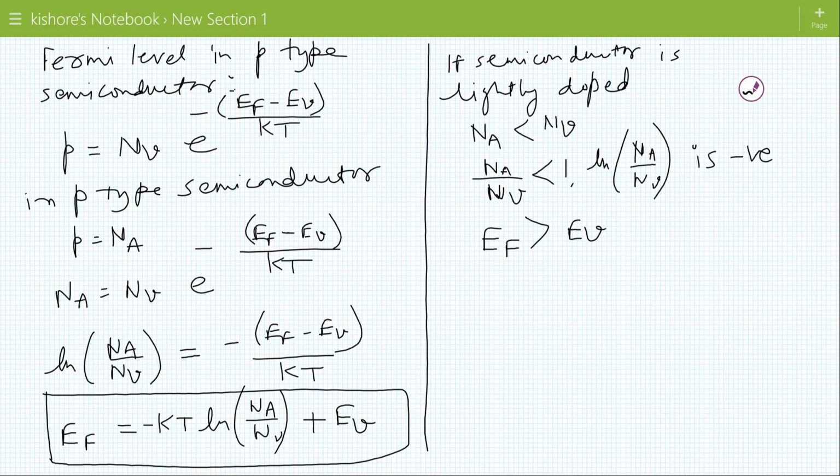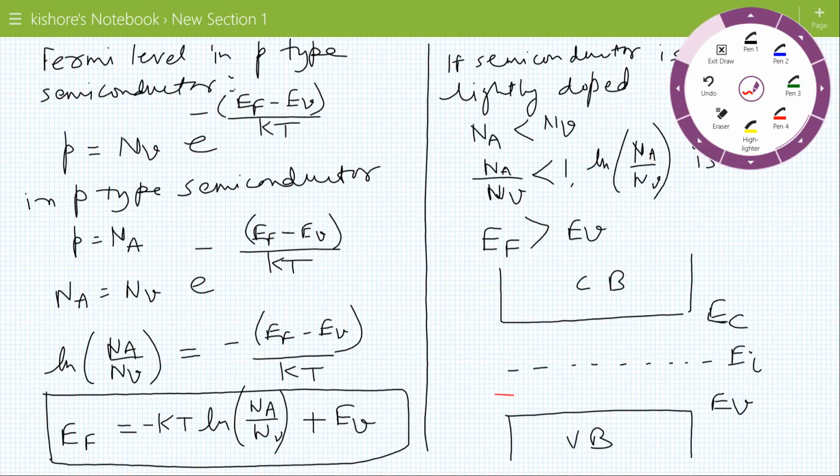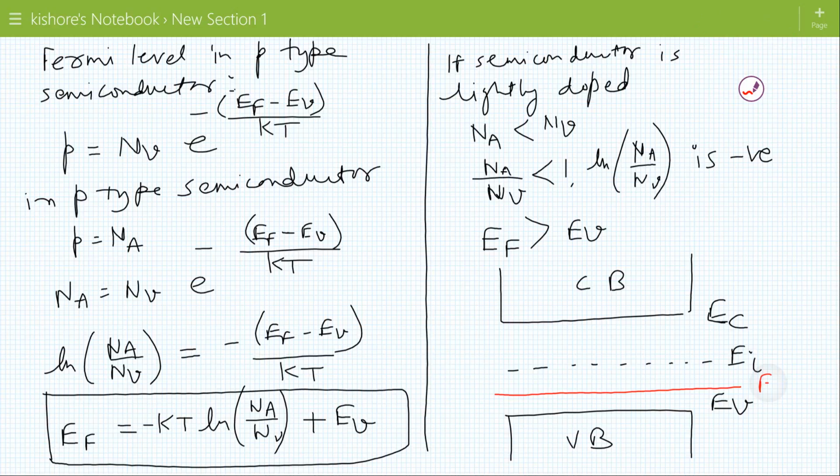So if the p-type semiconductor is lightly doped, then the Fermi energy level lies above the valence band. This is the position of the Fermi energy level in the case of a lightly doped p-type semiconductor.